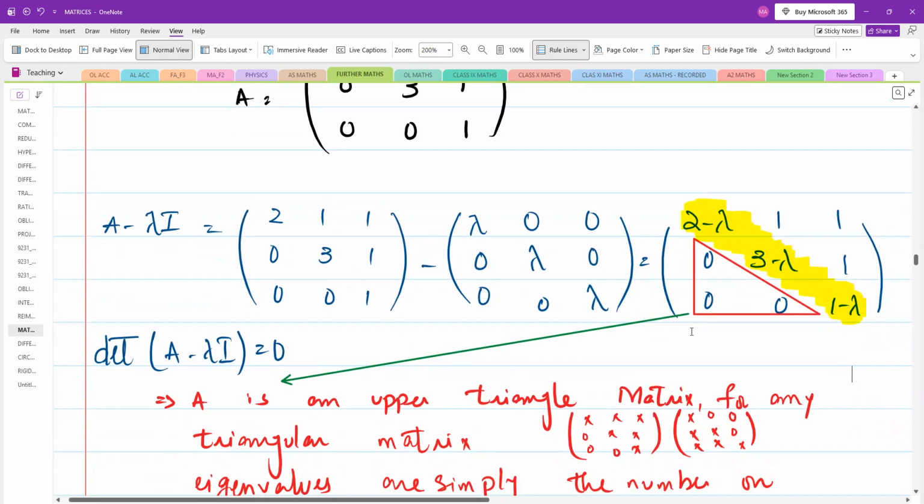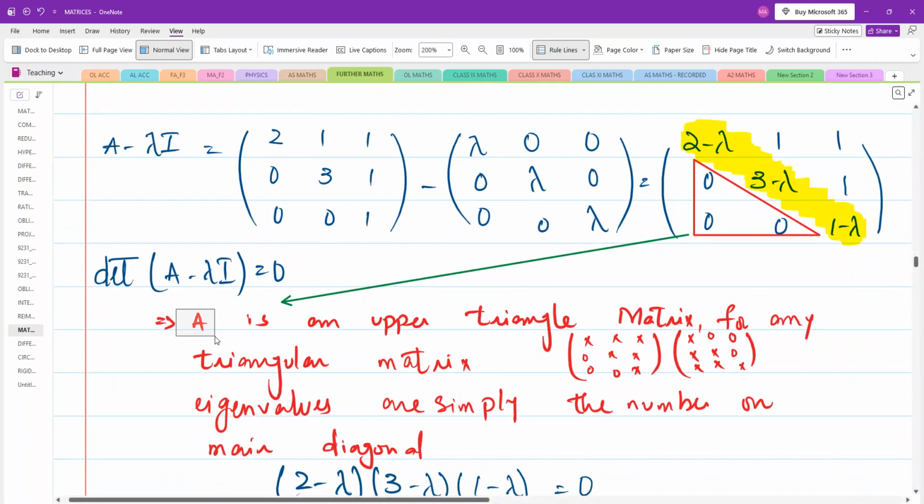Now, this is a rule that the exam requires you to remember. What is the rule? If A is an upper triangular matrix, for any triangular matrix, eigenvalues are simply the numbers on the main diagonal. What does this mean?